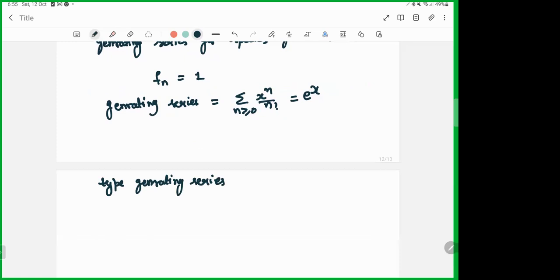Because the type is also one, since there is only one, so the equivalence relation is going to kill nothing. So the summation n greater than 0 of x to the power n is 1 by 1 minus x.